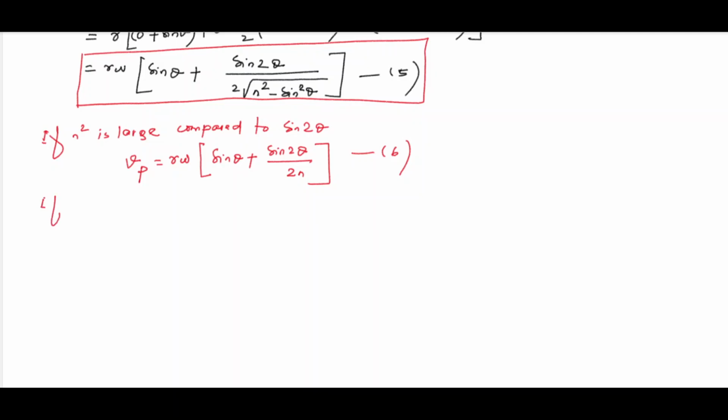If sine 2 theta by 2n can be neglected when n is quite large, then in that case Vp will be r omega sine theta.